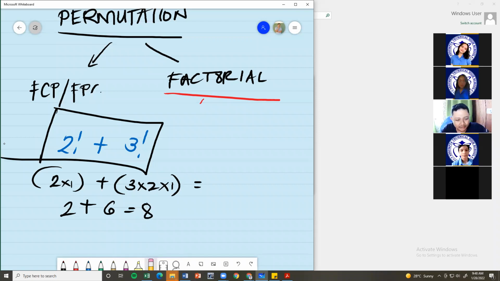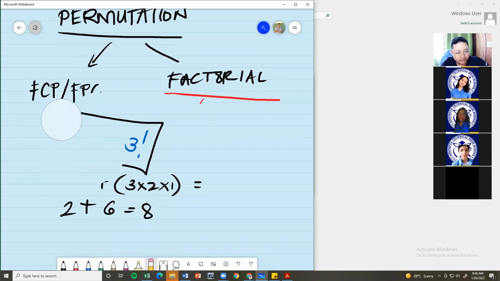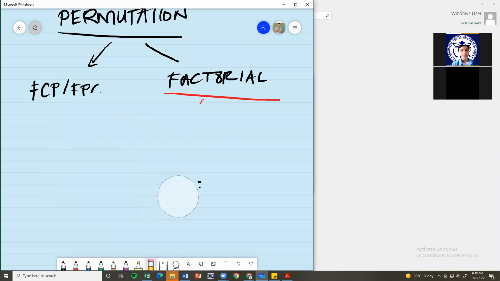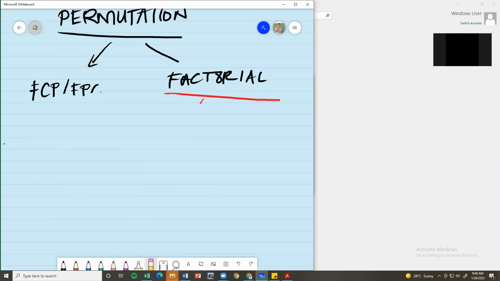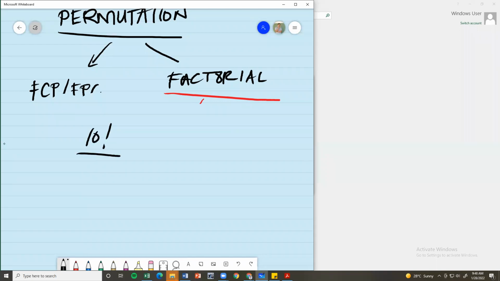Another. What about this? Lower your hands. What about this, I would like to have 10 factorial over 8 factorial.